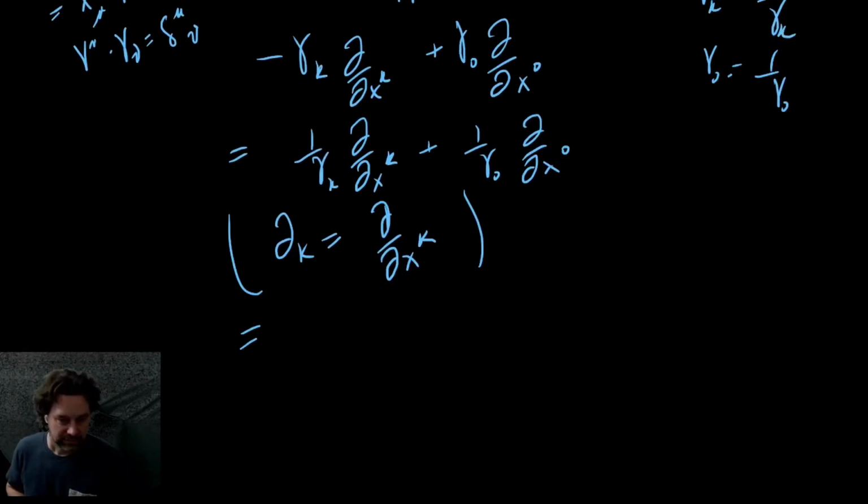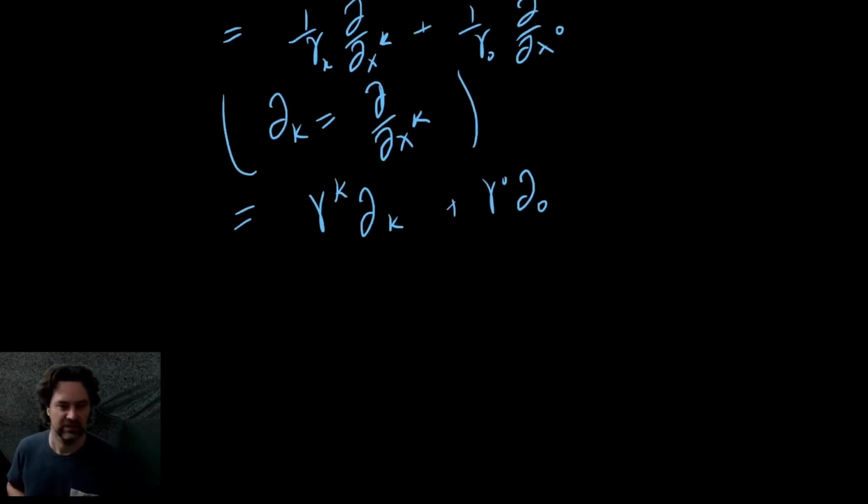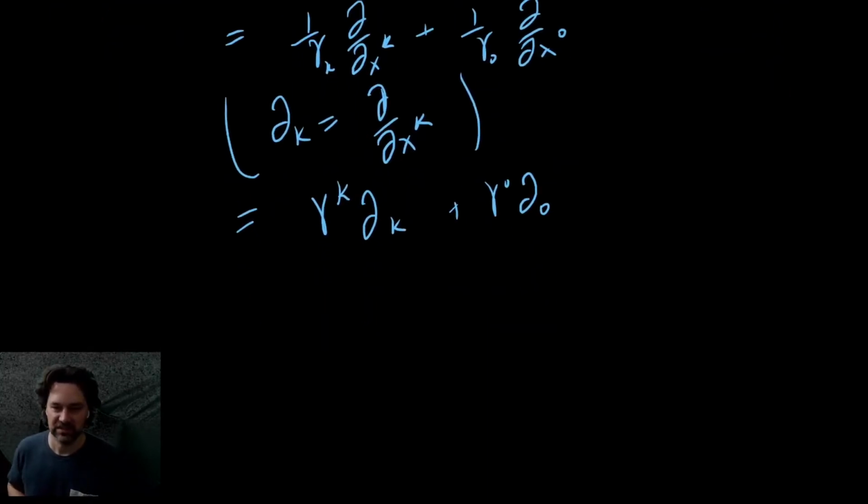Our space-time gradient is left to be, so 1 over gamma k is gamma up k, and we have partial lower k, and 1 over gamma 0 is gamma up 0, and I don't know if there's a better way to say that. So now we have something that looks like a 4-vector with matching indices.